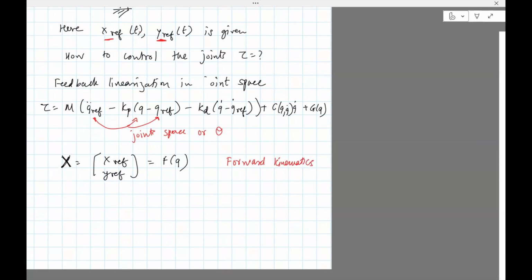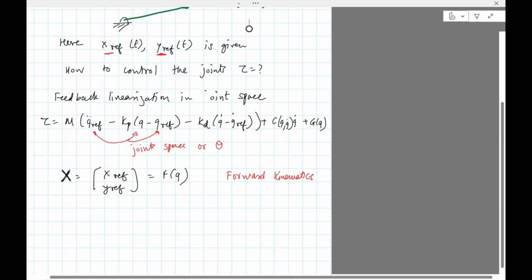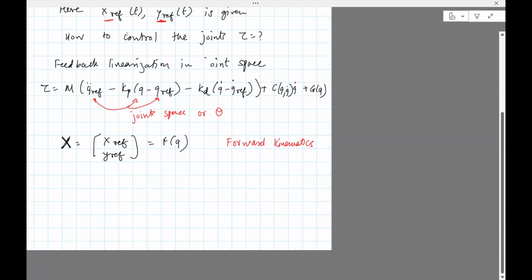Given the angles, you can figure out where the end effector is. So in order to solve for q, all we need to do is f inverse times x. This we have done quite a few times in this course, especially for the assignment where you try to get a two-link manipulator or a three-link manipulator to draw some curve. So that is the inverse kinematics.